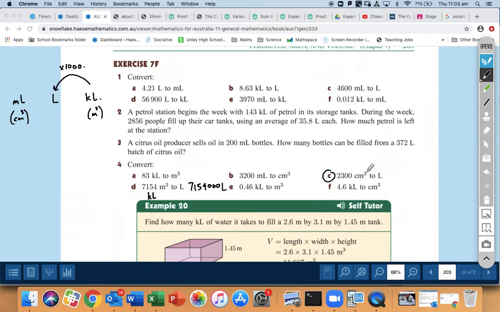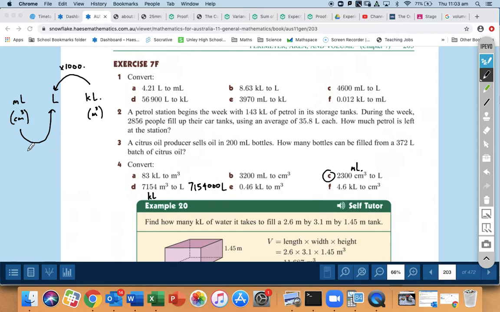Okay, let's go. So the centimetres cubed, they're like millilitres, right? They're equivalent. They're basically the same, really. So it's like we've got 2,300 millilitres, and we want to convert that to litres.